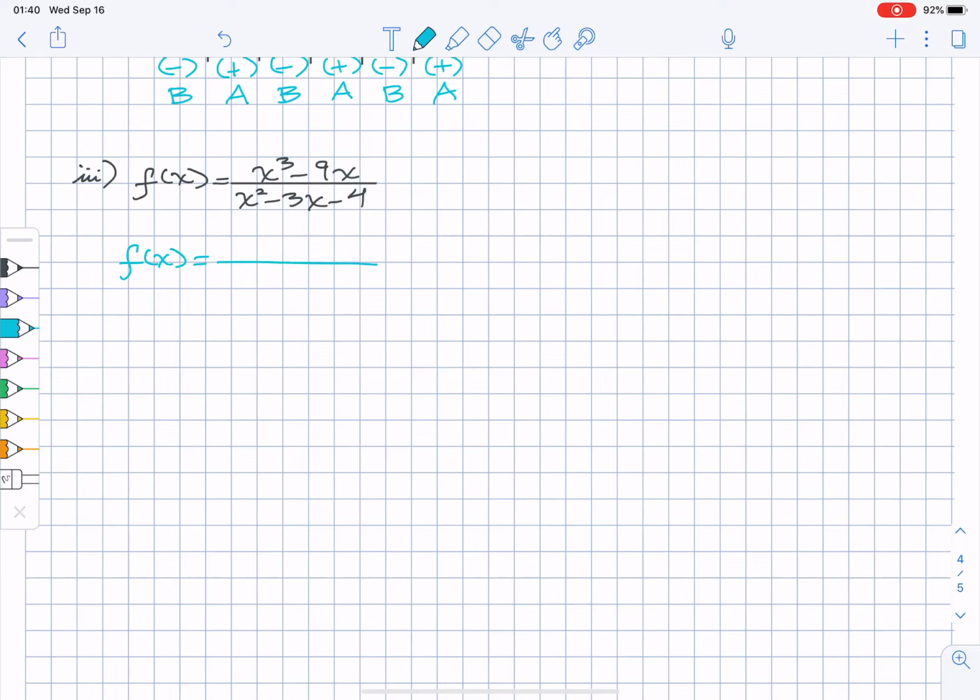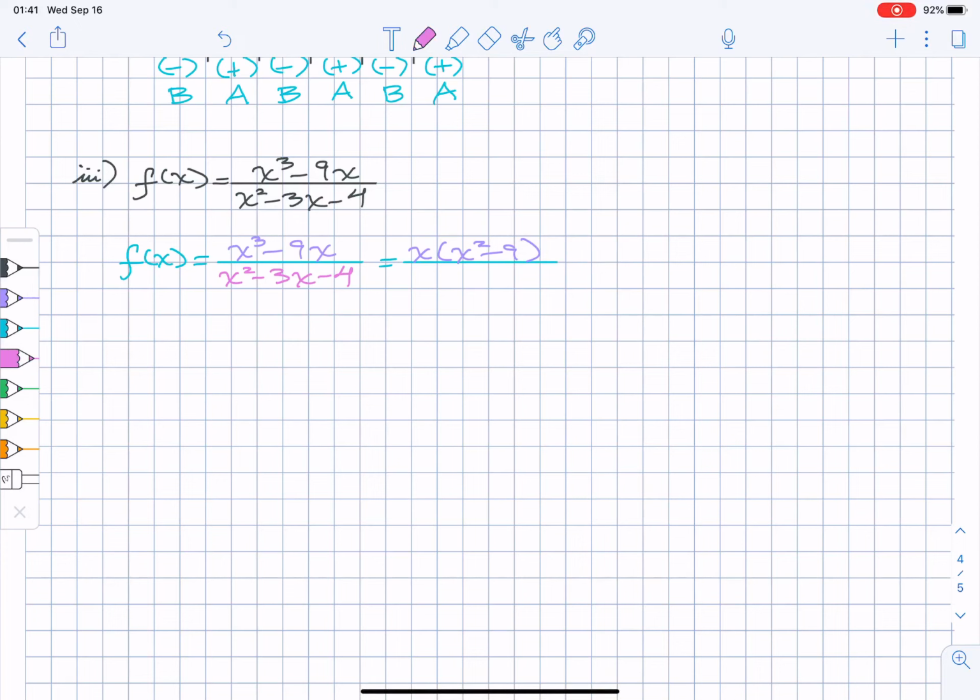So we have that f of x is equal to, in the numerator we have x cubed minus 9x, and in the denominator we have x squared minus 3x minus 4. Okay, so we can factor the numerator as x times x squared minus 9, which will factor some more in the next step.